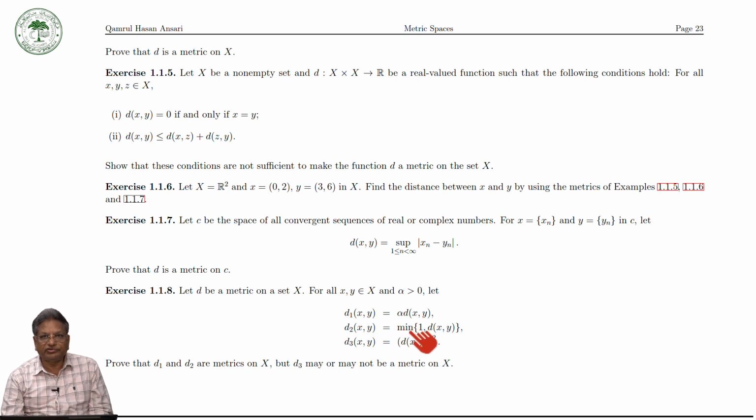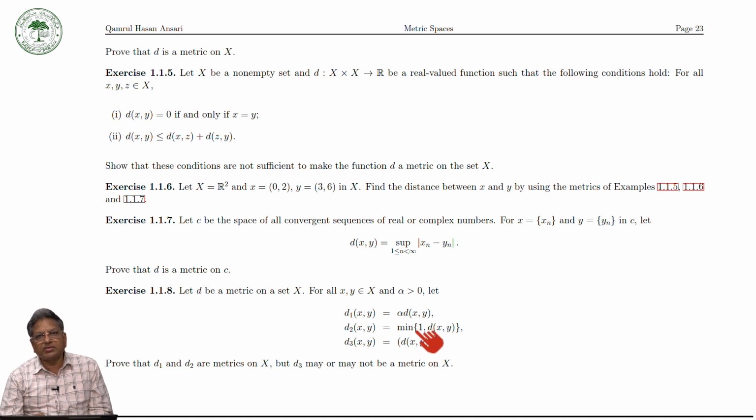Try, check. And if I define D3 as the square of dxy, then of course this is not a metric. Why is it not a metric?